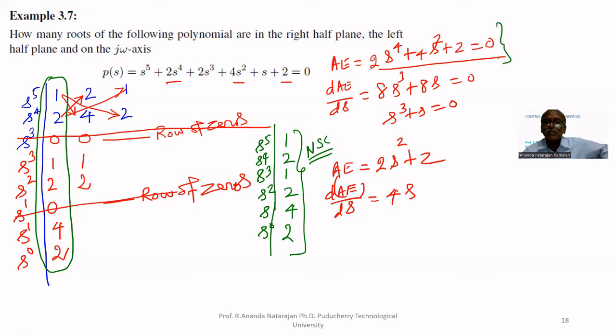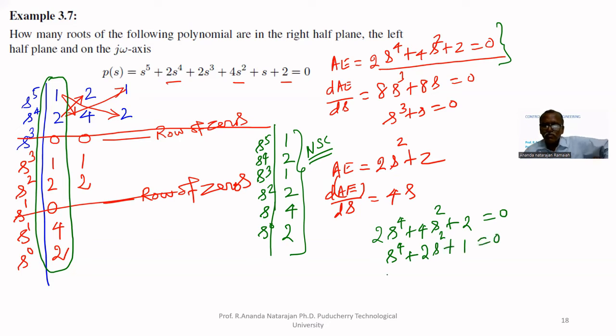Because it has an auxiliary equation, what are the roots of the auxiliary equation? Take this: s power 4 plus 4s square plus 2 equal to 0. This can be written as s power 4 plus 2s square plus 1 equal to 0. Or we can substitute s square equal to x.